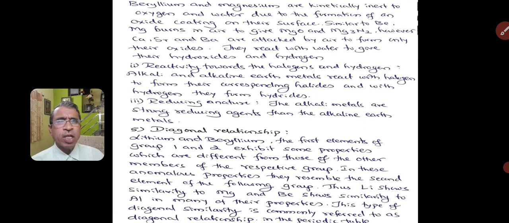In these anomalous properties, they resemble the second element of the following group. Thus, lithium shows similarity to magnesium and beryllium shows similarity to aluminium in many of their properties. This type of diagonal similarity is commonly referred to as diagonal relationship in the periodic table.